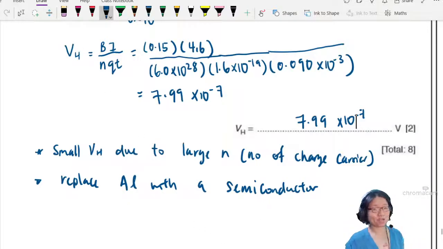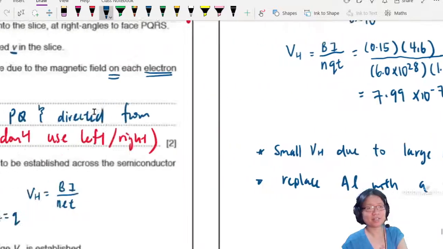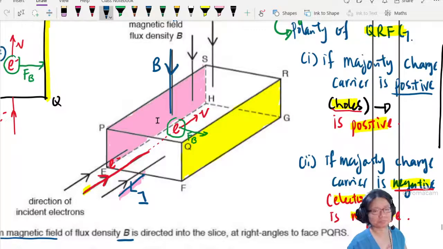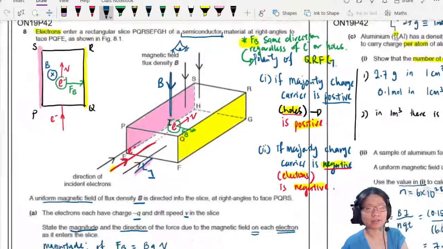Okay, so that's all. If you're wondering why the number of charge carriers will affect your VH, it's simply because if there is less charge to attract, this opposing field will take a longer time to build up. If you want to know more, go watch the theory video.